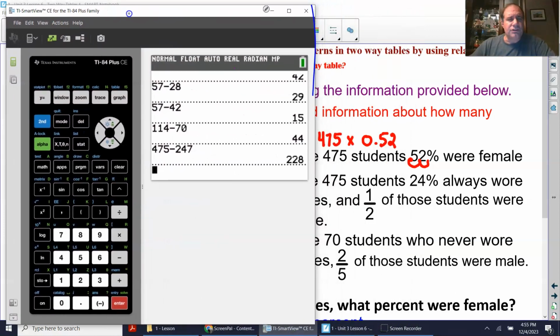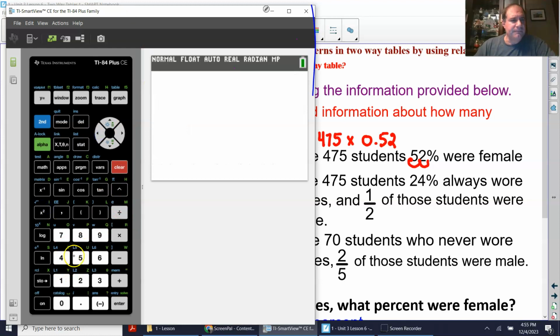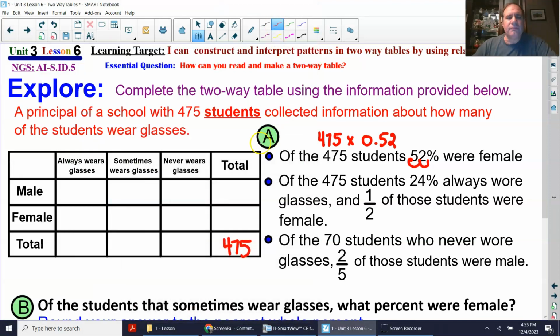So we're going to just take 475 now. I'm going to clear this out. Times 0.52. And we have 247. So 247 were female.